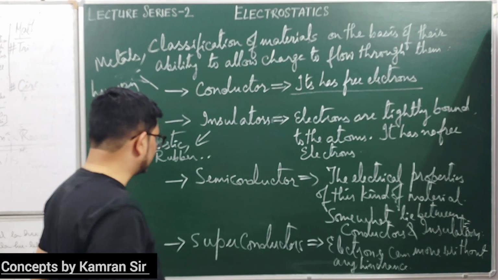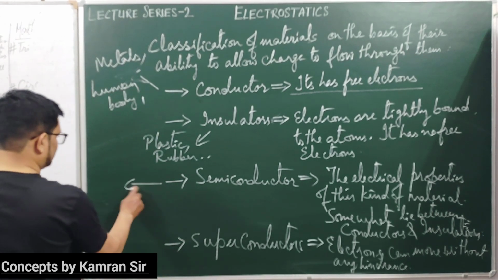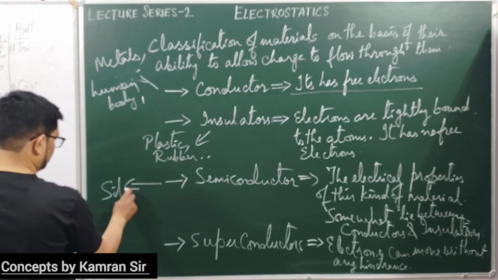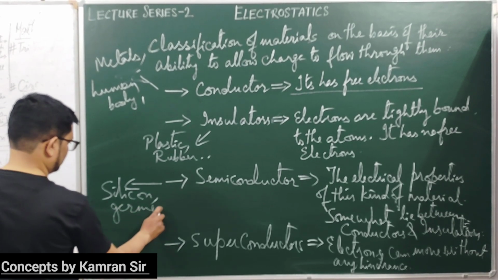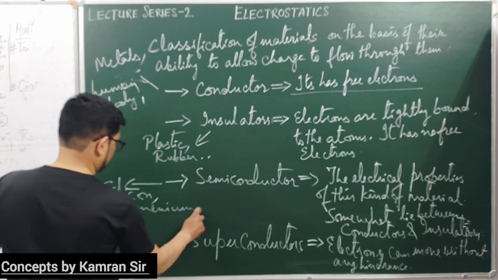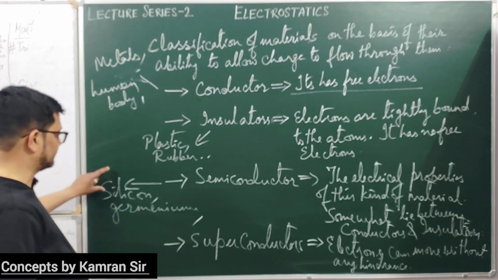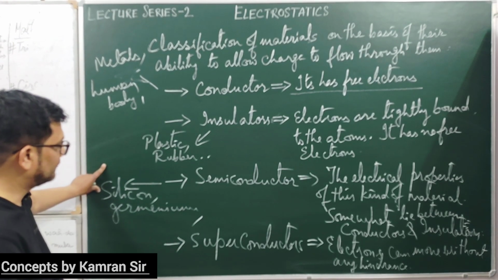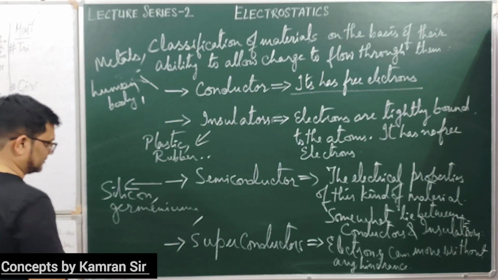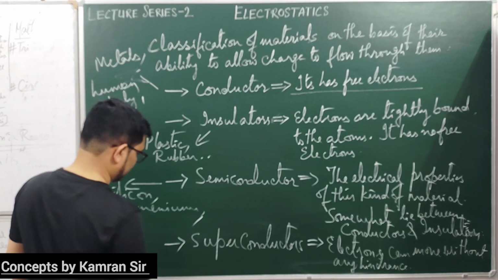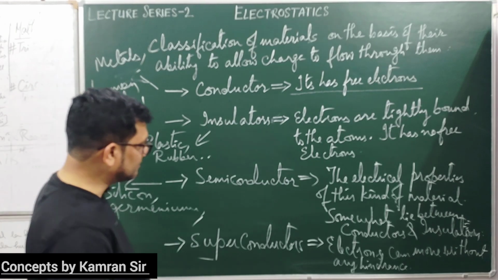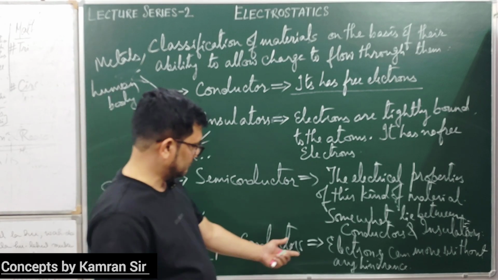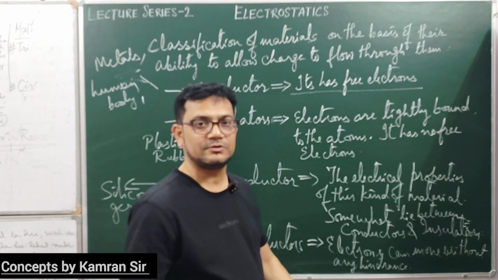Then comes semiconductor. The examples are silicon, germanium, gallium arsenide, etc. So these could be a few examples of semiconductor materials. Superconductors, those special materials, are being researched a lot nowadays, and in these the electrons can move without hindrance.